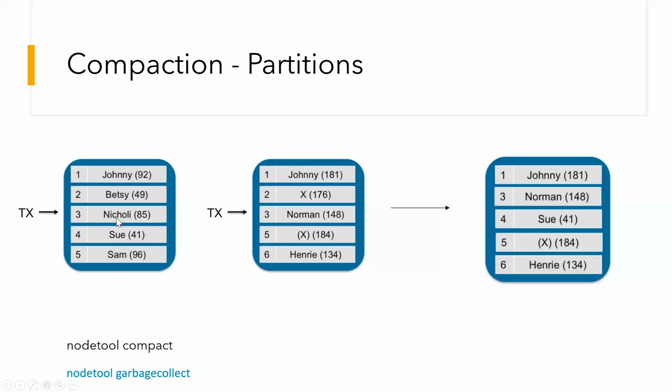Whereas number 3, you see that this value got updated, which means it takes the more recent timestamp for number 3 and it writes normal onto the final SS table. And also there is something called GC grace seconds that are associated to tombstones.